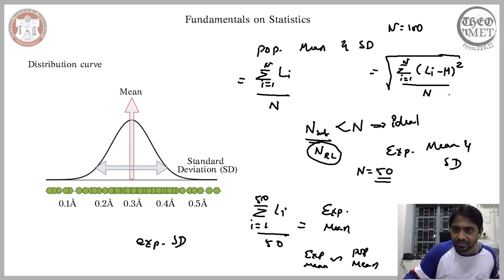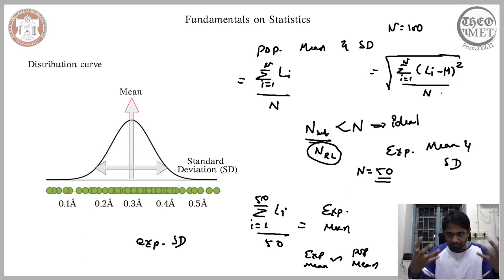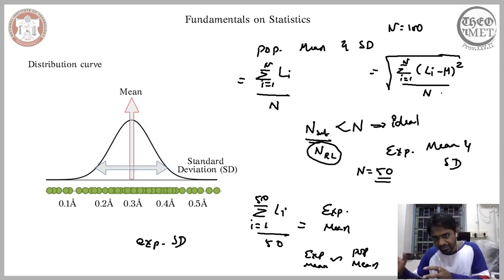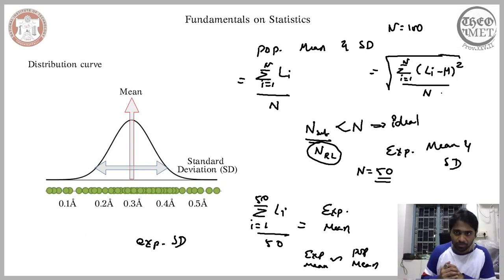In this case, when you replace the n with 50 with a non-ideal size of the population, you will end up estimating an expected standard deviation, and this expected standard deviation will translate to that of the population standard deviation when the size of the population increases.